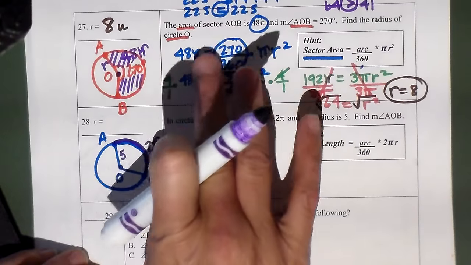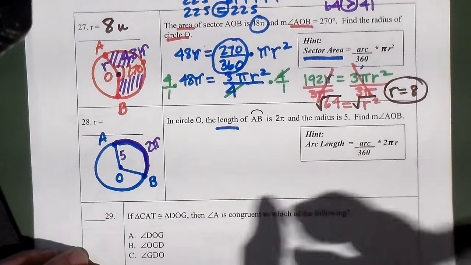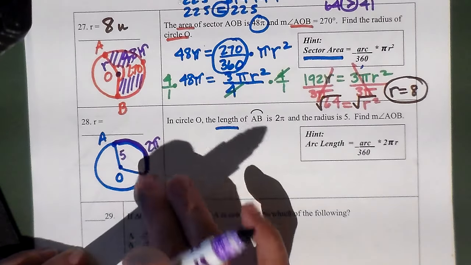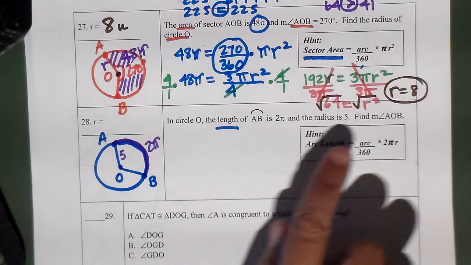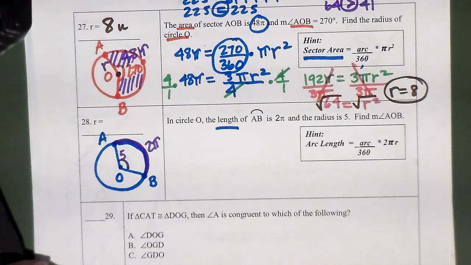Up here, the area of a sector is a piece of the area. The length is a piece of the circumference. So now I know the radius is 5 and the length is 2 pi. So I want to find out the measure of this angle.